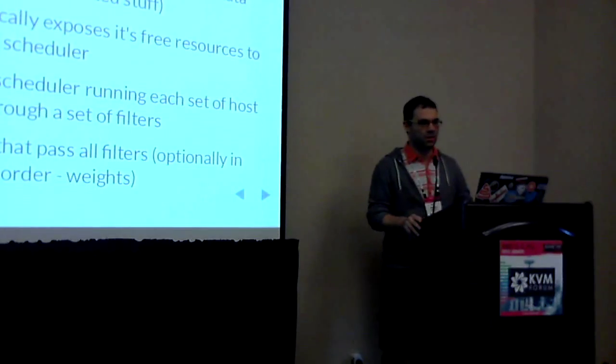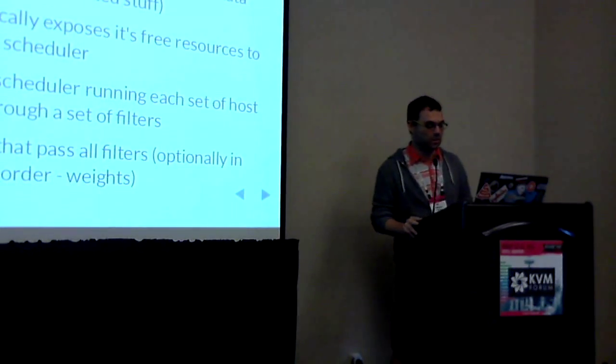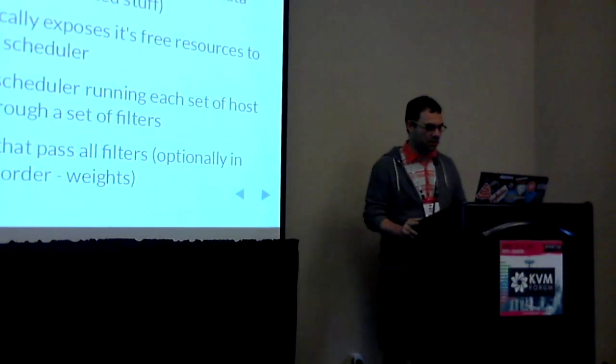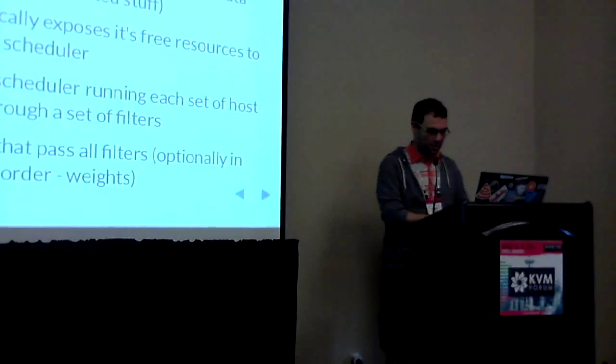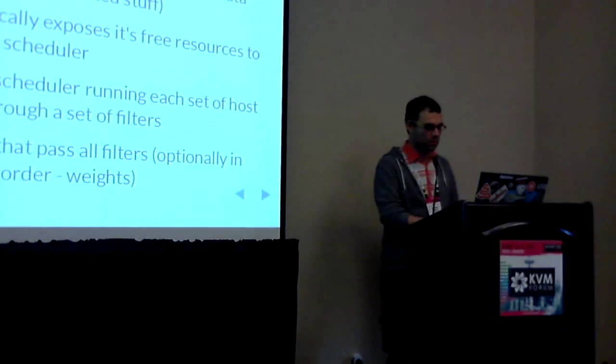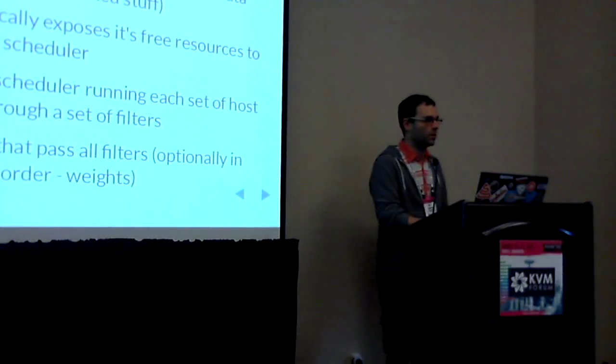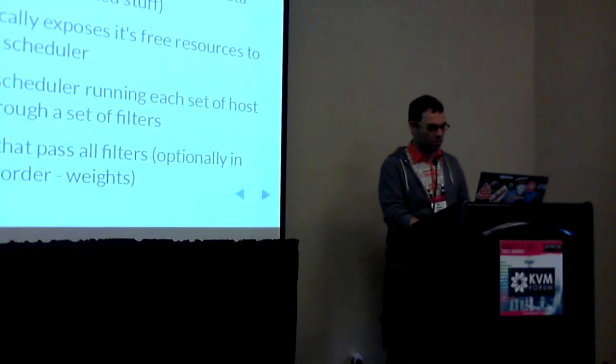The result is a smaller list of hosts that passed according to the set policy, and then there's an additional optional weighing step where you can order them based on some sorting criteria, like, for example, if you would like to stack VMs or spread them out.